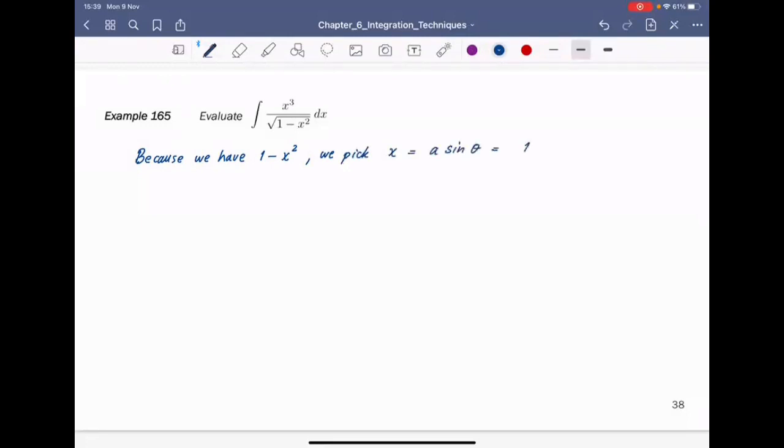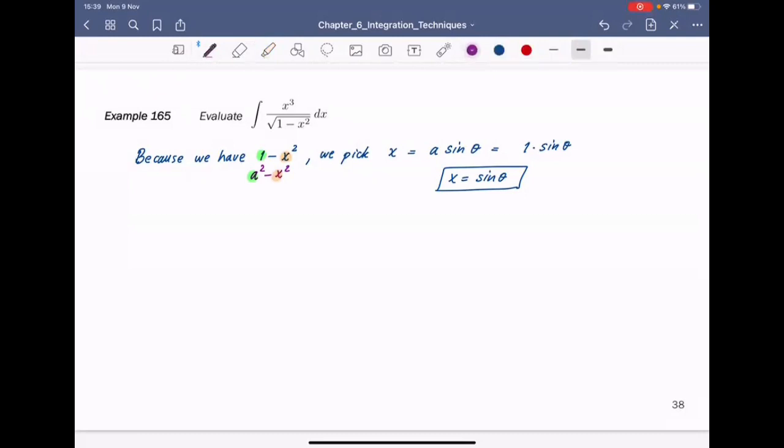Your a is 1, so we're going to pick just x equal to sine theta. How do I know that a equals 1? This is a squared minus x squared. This is your a, and this is your x. Sounds good?